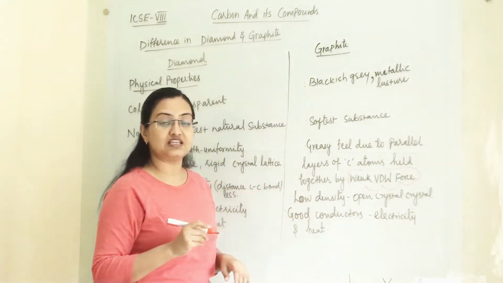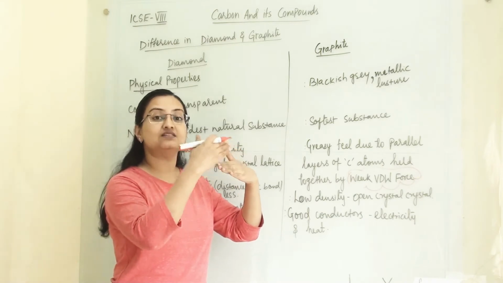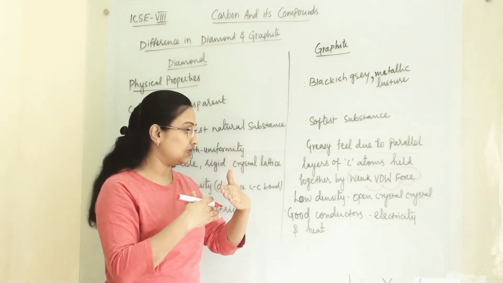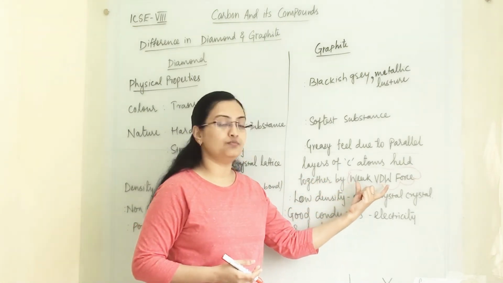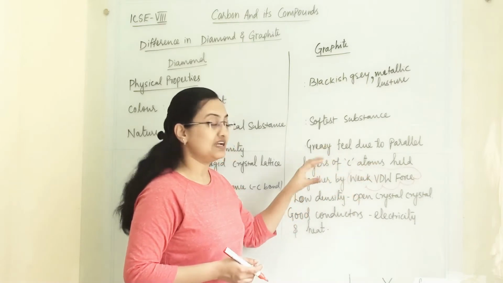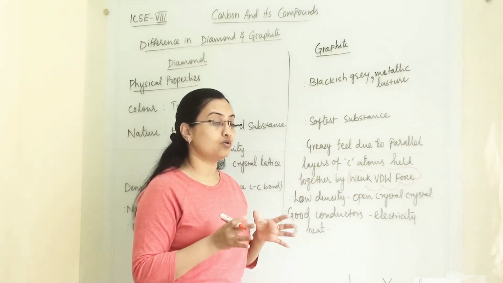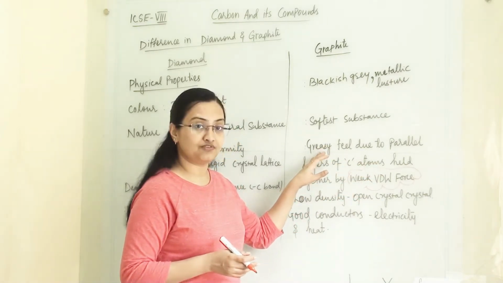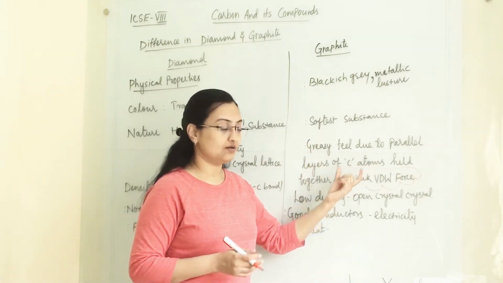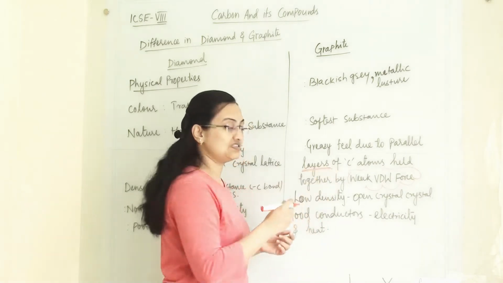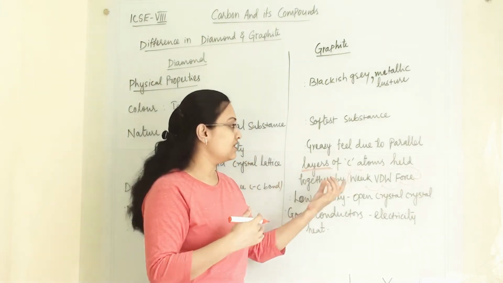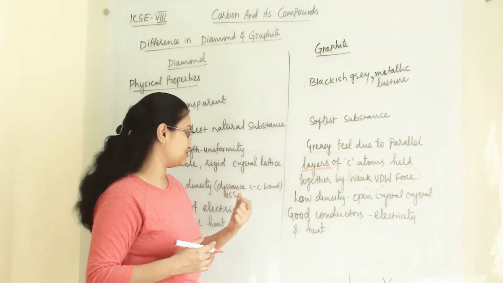Earlier we have seen how the layers of graphite are arranged one below the other, held together by weak van der Waals force of attraction, and due to this it gives a mark on paper and a greasy feel. So the reason is the layers of carbon atoms. This is important because it is arranged in layers, and these layers are held together by weak van der Waals force of attraction.